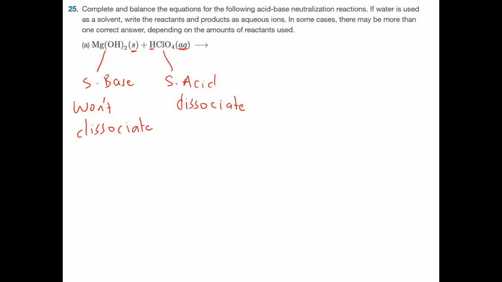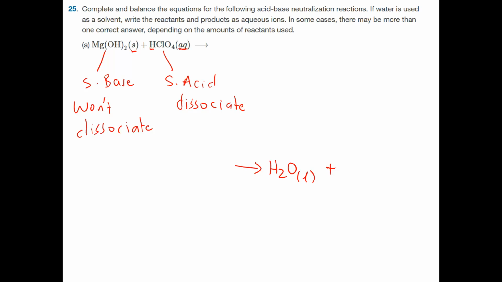Okay, so when an acid and a base react, they're going to make 2 things, aren't they? They're going to make water, which is a liquid, and they're going to make an ionic compound. So we better figure out what our ionic compound is. How we're going to do that is we're going to get our cation and our anion.